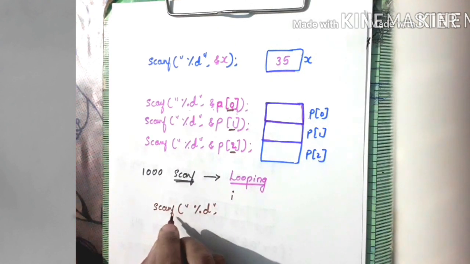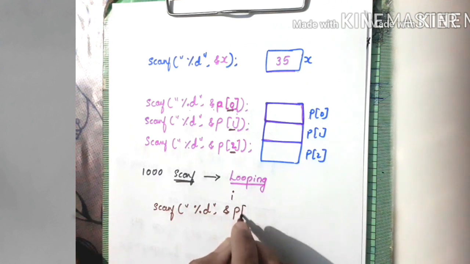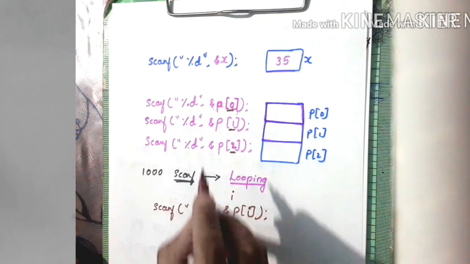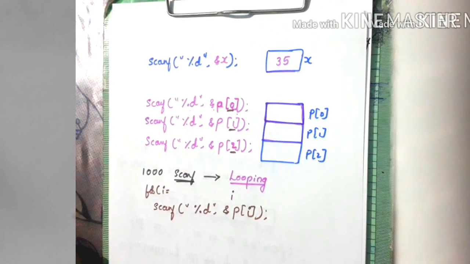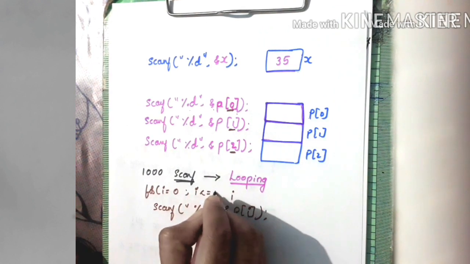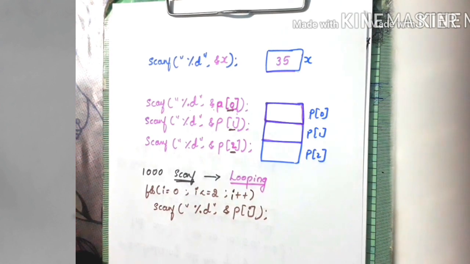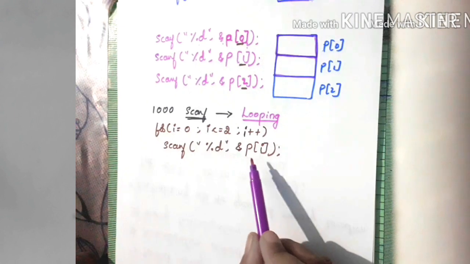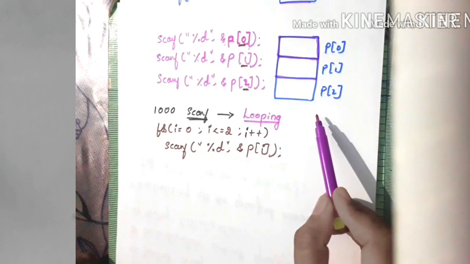So I'll write the scanf statement as scanf %d ampersand P of i, where this i is ranging from 0 to 2. Now I use this looping statement to input the elements to the array.